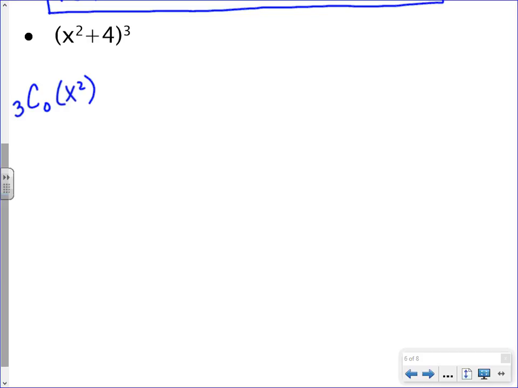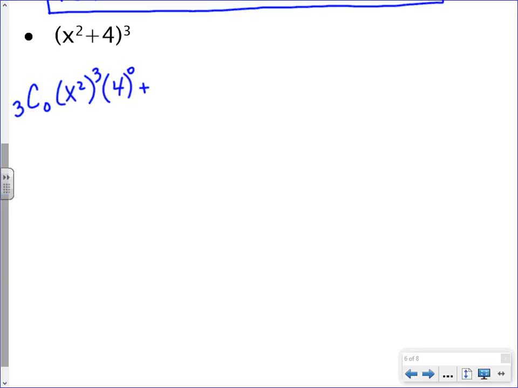Amanda, what are we going to raise x squared to? To the 3rd power, because that is n. And then positive 4 is the second term. What power do we raise that to, Kanan? 0. The amount of the very first term. Good. Okay.